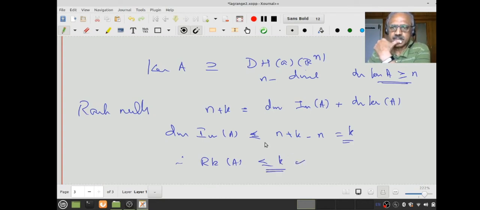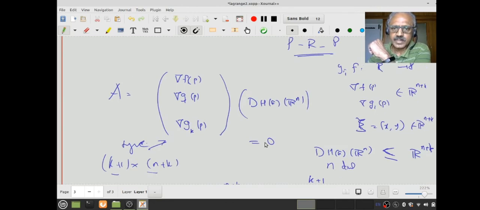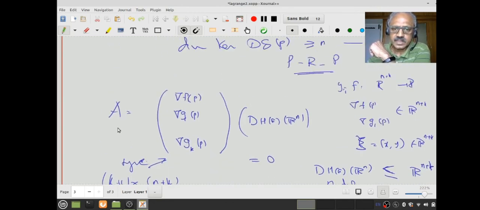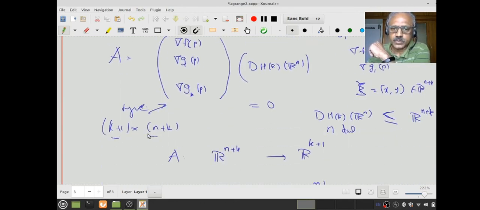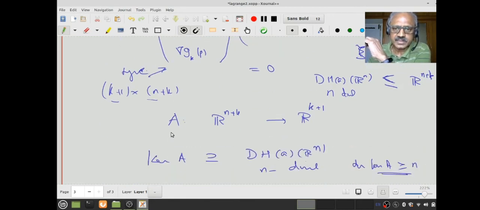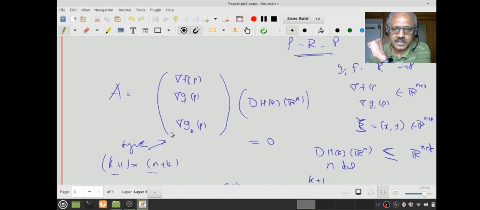Do you agree with this? Now go back to what we did. This A is a matrix of size k+1 times n+k. Therefore, what is the maximum possible rank of A? That is k+1. But you are saying its rank is at most k. So what does that mean? There are k+1 row vectors, and matrix rank is the same as the maximum number of linearly independent rows.